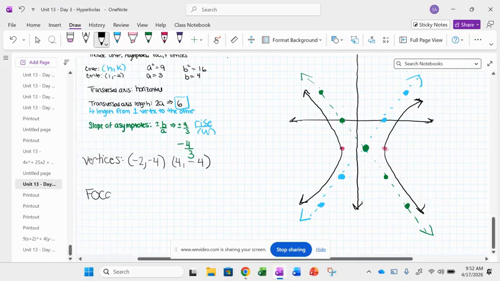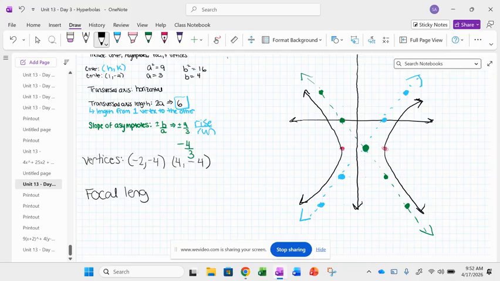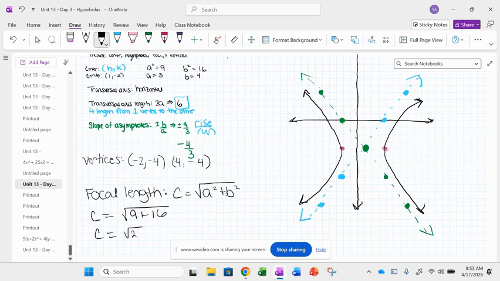So if you guys remember, the formula for the focal length in a hyperbola is C equals the square root of A squared plus B squared. So C is equal to the square root of, what was my A and my B? 9 plus 16. So C is equal to the square root of 25, which is 5.